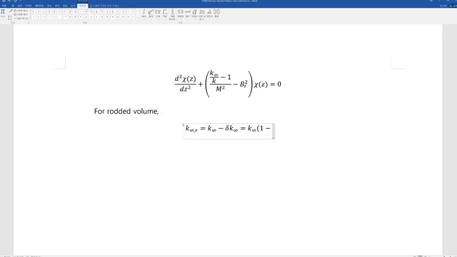So we call this part delta rho of the control bank, rho B. So in the unroded volume, the multiplication k infinity is simply k infinity, and in the roded volume, we can see some decrease in k infinity, and the amount of decrease is also proportional to this rho B, which indicates the worth of the control bank.